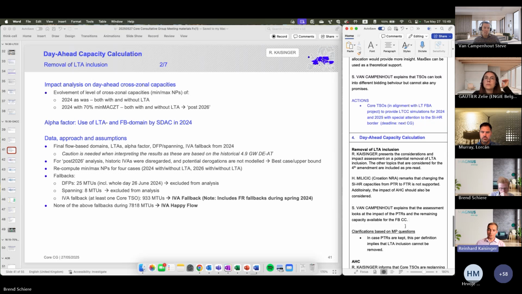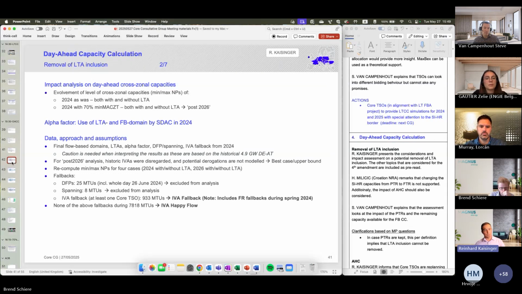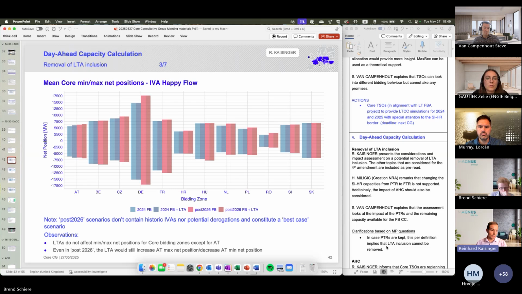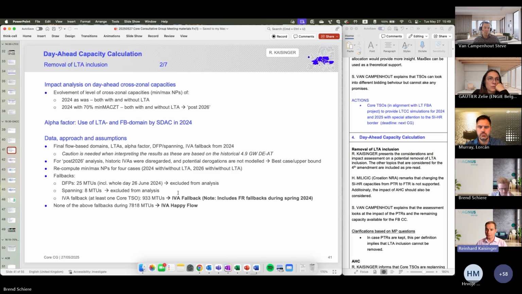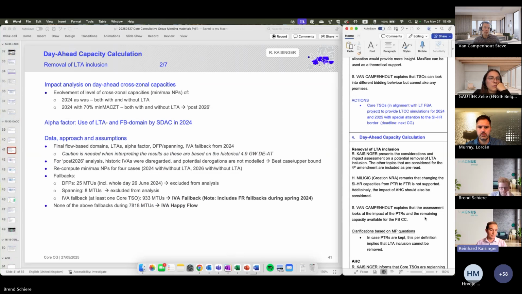Okay, then let's move on to the analysis that we prepared. Quickly, Brent, if you could jump back to the last slide just to explain a bit what the analysis is based on. We compared 4 cases in terms of min-max net positions: the 24 historic day-ahead flow-based domains with and without LTA.